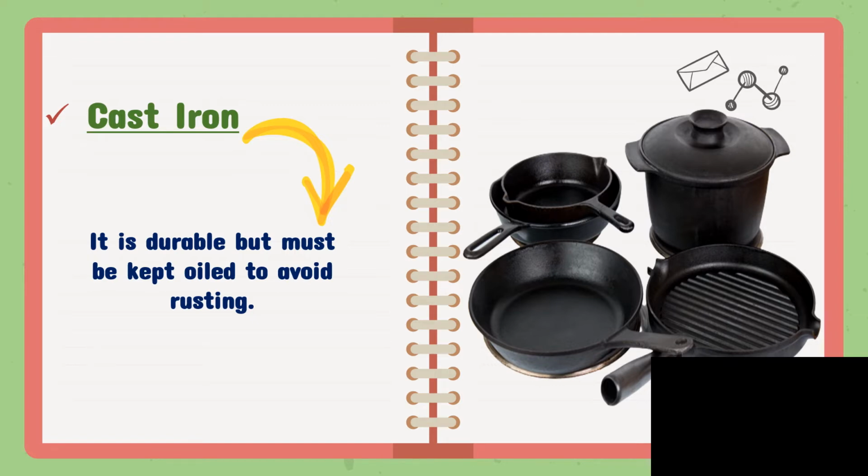Tapos halimbawa kapag accidentally nalaglag yung takip at natamaan yung paa natin, ang sakit kasi nga sobrang bigat niya. Usually nagkakaroon ng white o moisture na white particles inside kasi nga kailangan natin siyang nilalagyan o pinapahiran ng foil para hindi siya mag-moist or mag-cause ng kalawang.